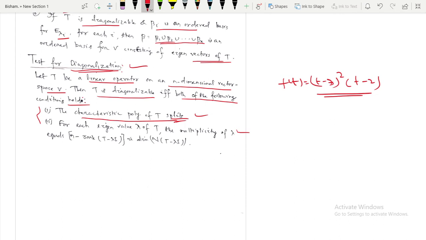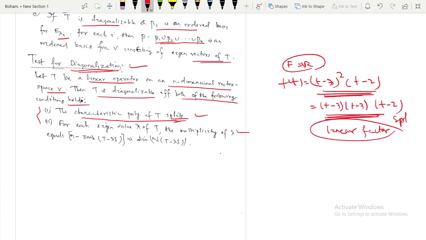This thing splits, because its roots lie in the set of real numbers. In the other case, suppose someone says my f of t is t squared plus 1. This does not split, because if you want to remove this square, you can't do it.